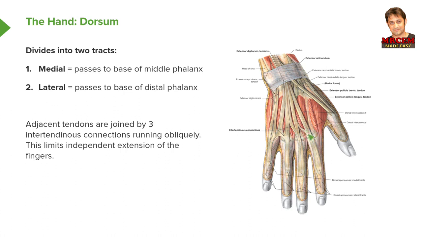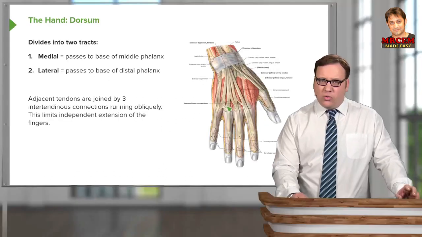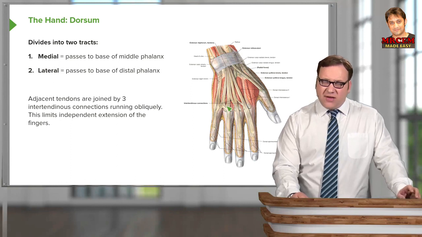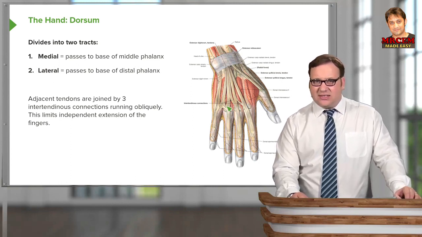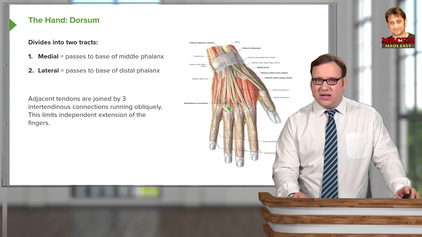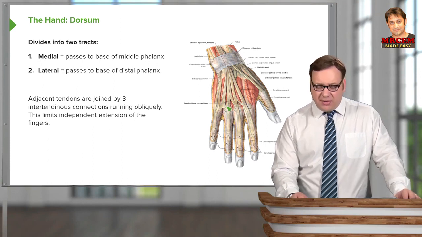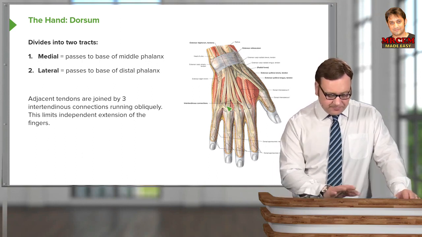We have three of them running between the long tendons that are passing towards these extensor expansions. And like I say, this helps to limit the independent extension of the fingers. So it's very difficult just to extend one finger. You either extend them all or you don't. Because you have extensor indicis, this does offer this specific finger a certain amount of independent control.